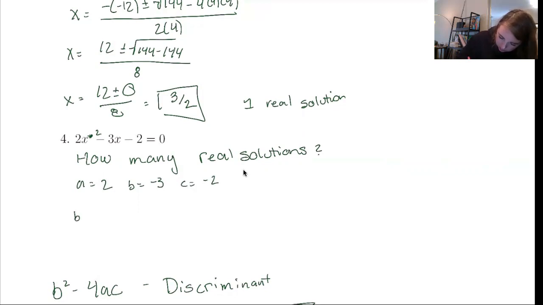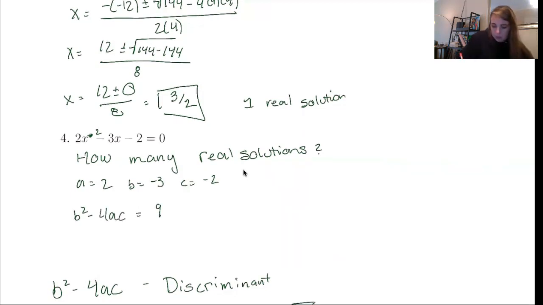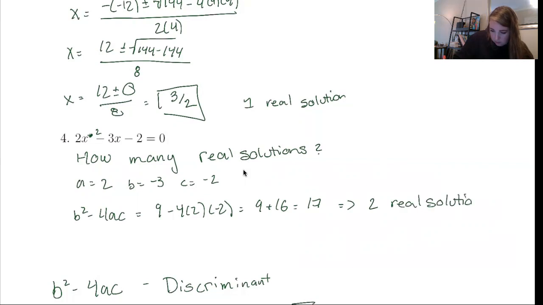So B squared minus 4AC would be negative 3 squared minus 4 times 2 times negative 2. 2 times 2 is 4, 4 times 4 is 16, but that's a negative, so it adds, so it's 9 plus 16, 17. So we'll have 2 real solutions. So great.